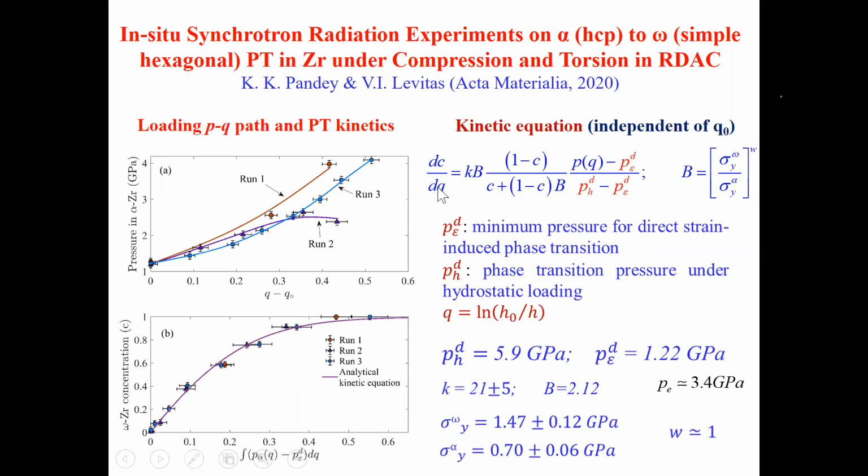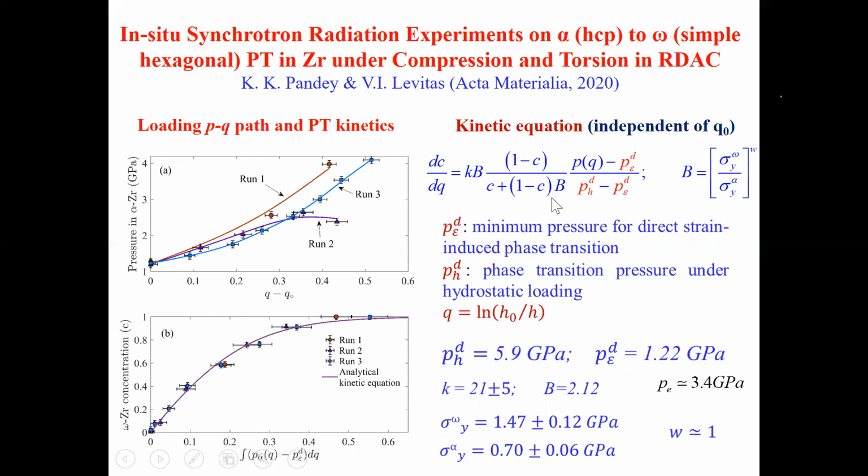But if we assume this, then we can focus on the center of the sample where there are no shears due to symmetry. And then accumulated plastic strain is just the logarithm of the ratio of initial to final signals. So we can know plastic strain now. And we study the phase transition from alpha to omega phase in zirconium.